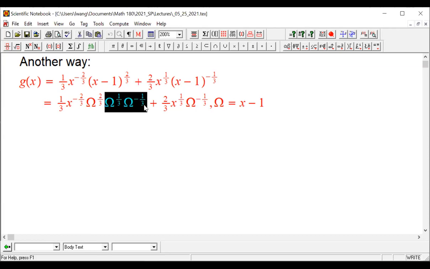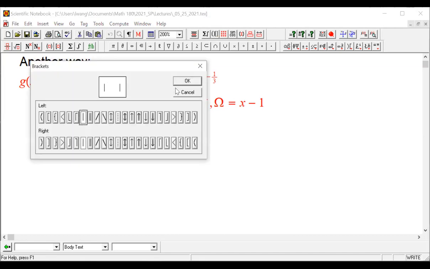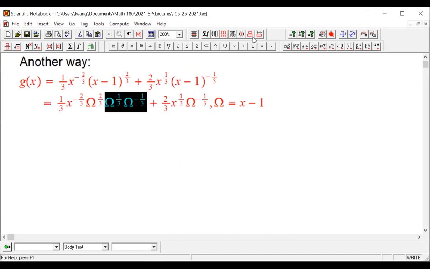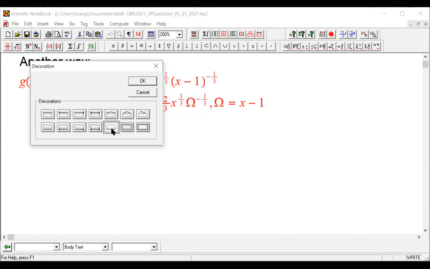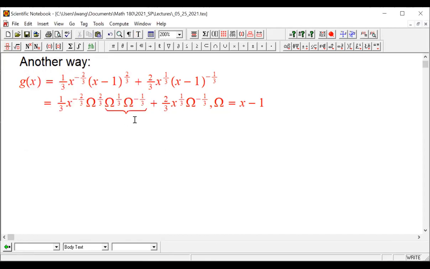So this piece, what is this piece? That piece is 1. Do you see that? Let me mark this piece. That piece is 1, because it is omega raised to the power 0.